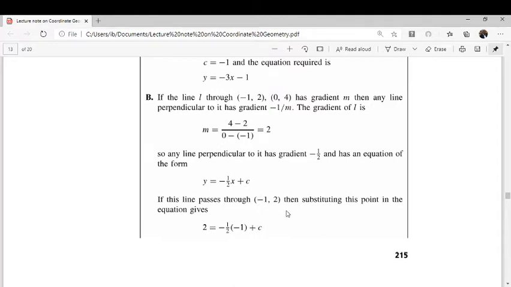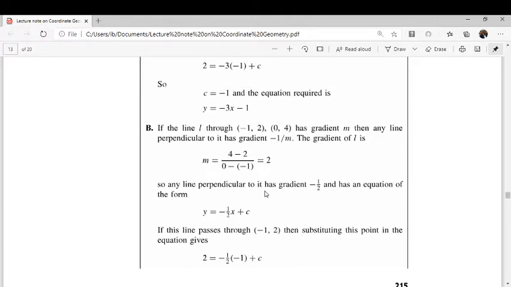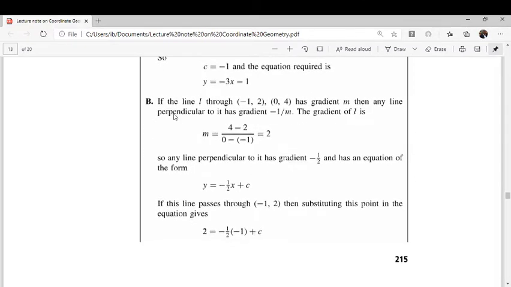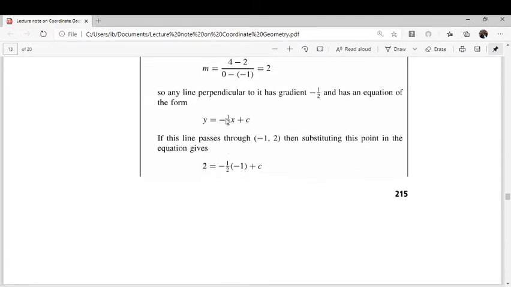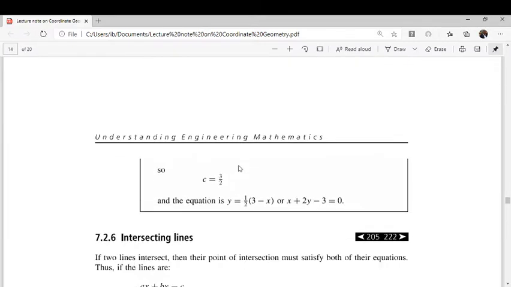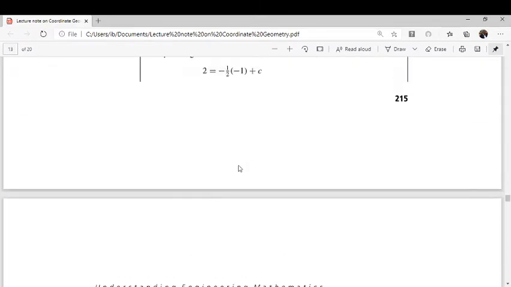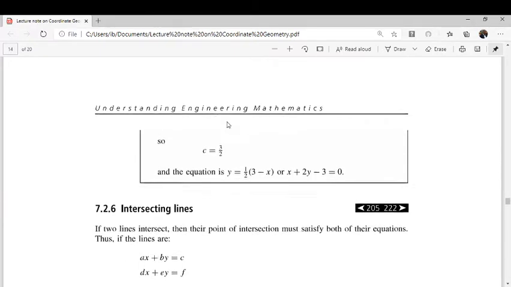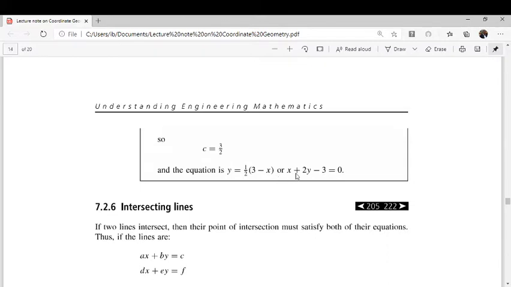Similarly, for this other one, it's passing through this point. So you substitute it here, you get your c. When you get your c, you substitute c into this equation. That's how you get this equation.